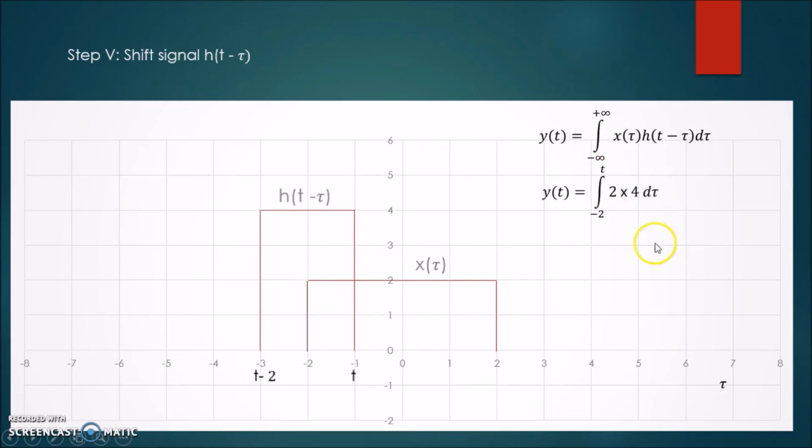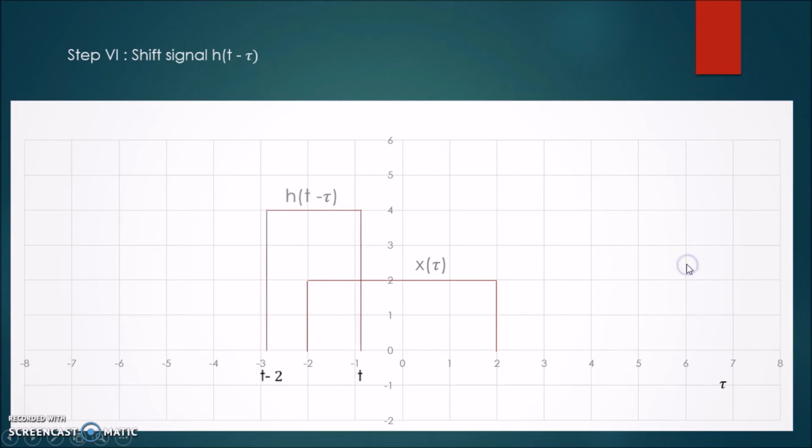So the integral is existing only between the limits minus 2 up to t. That's why x of tau is equal to 2, and h of t minus tau is equal to 4 in this range. After calculating this integral, we find that y of t is equal to 8t plus 16.